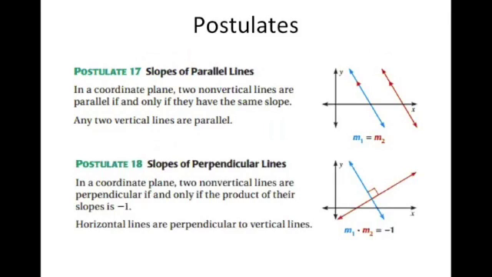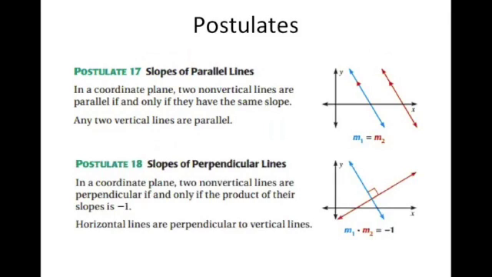Okay? And remember, we find product by multiplying. So if we take the slope of the blue line in this example and multiply it by the slope of the red line, if we get -1, then they're perpendicular. If we get anything else, or if we do not get -1, then they're not perpendicular. Alright?